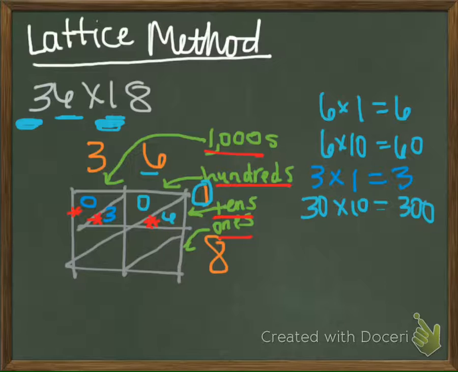Okay, so next we're going to do 6 times 8, which equals 48. So we put the 48 over there, and of course, we actually are doing the ones.